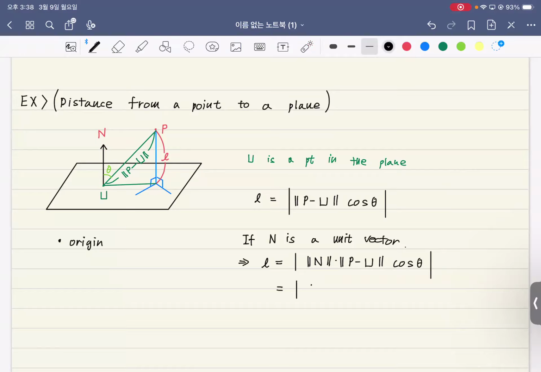This is the absolute value of n dot (P minus U), right?